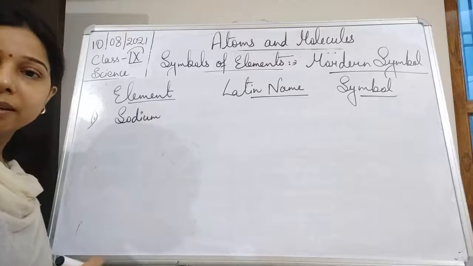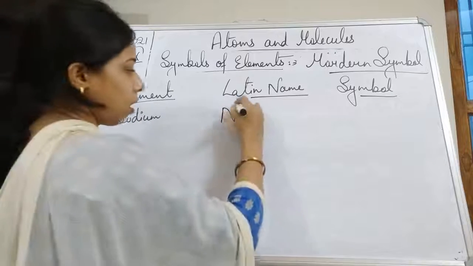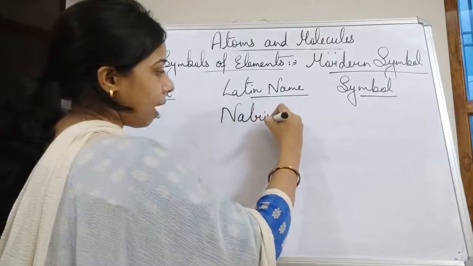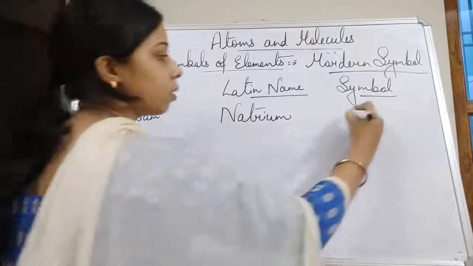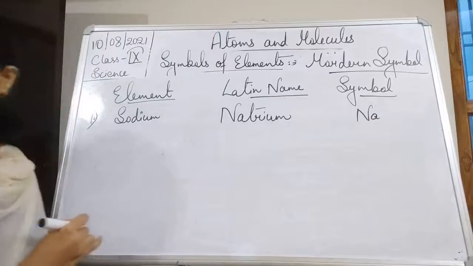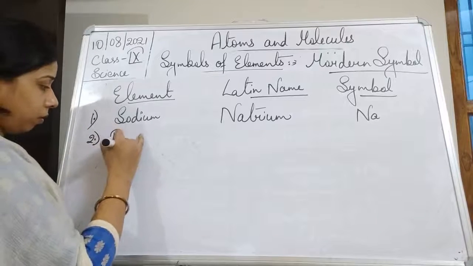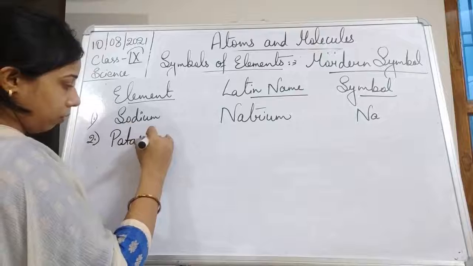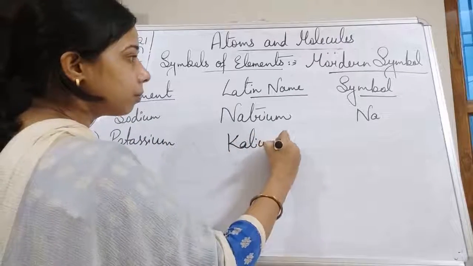The Latin name for sodium is natrium, and that is why the symbol has been taken from the Latin name, Na. Second one, potassium. Latin name is kalium.